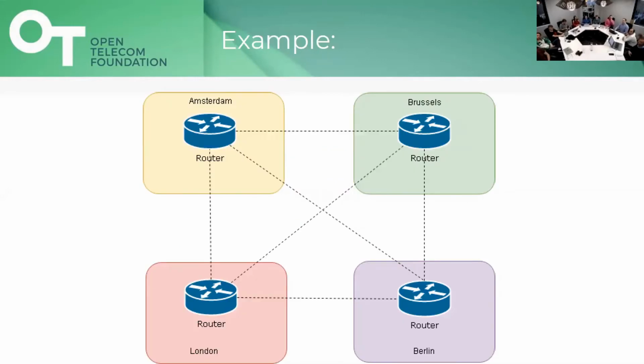Let's say we're using BGP here, so all POPs are connected by BGP peering between them. And if you run BGP, I don't have to tell you, you've got to have a full mesh, otherwise you can't do it within the same AS.